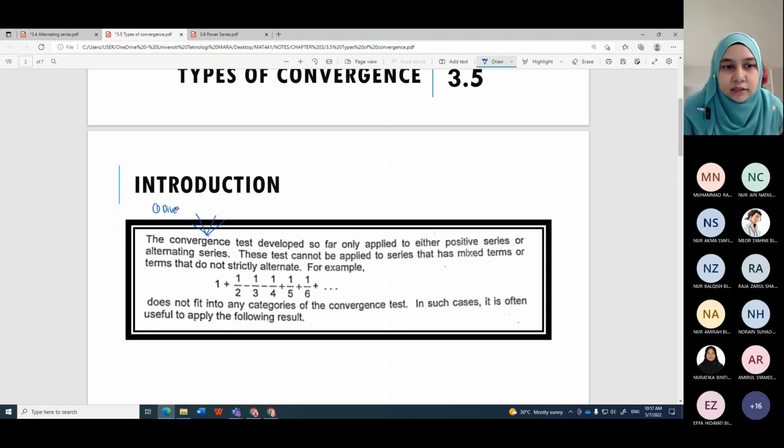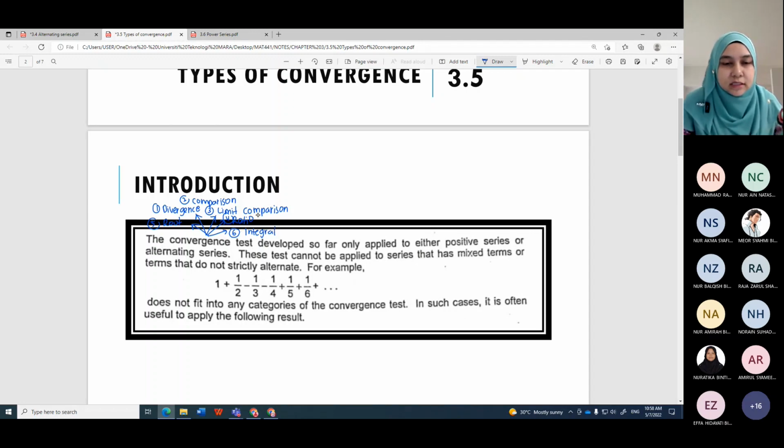Divergent test. Comparison. Comparison. Ratio. Root test. And last one, integral test.